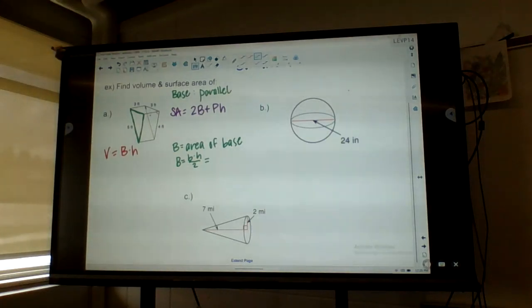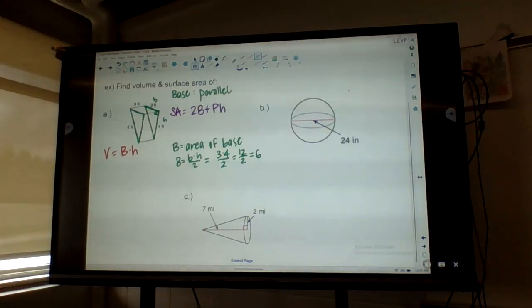My base and height are 3 and 4. So 12 divided by 2, so 6. That's our capital B. So I use that in both of those formulas.